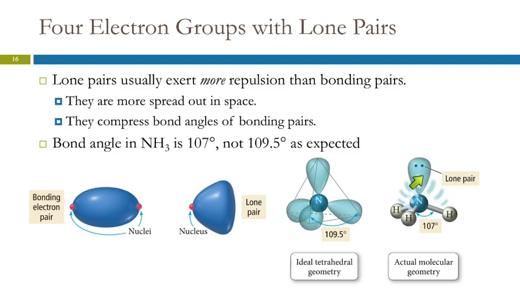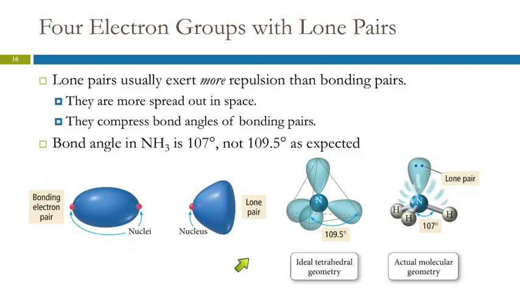And so they're like, ooh, he's got like body odor or something, and so I don't like the rest of you, but I'm willing to get a little closer to you to get away from him. So what we observe is that the angle here is 107 degrees in ammonia, not 109.5 as we would expect.